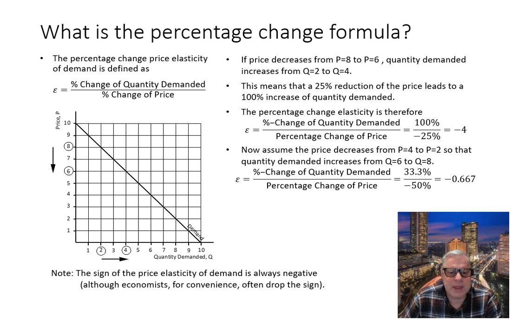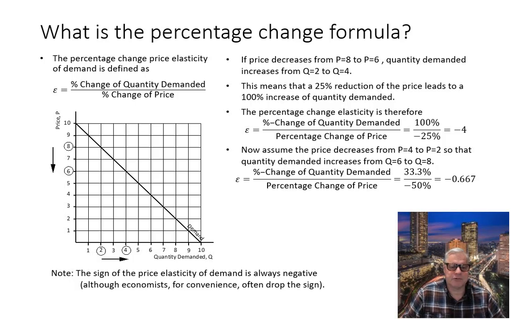Then the quantity demanded will increase from 2 to 4. A decrease in the price from 8 to 6 is a 25% decrease, because 25% of 8 is 2.